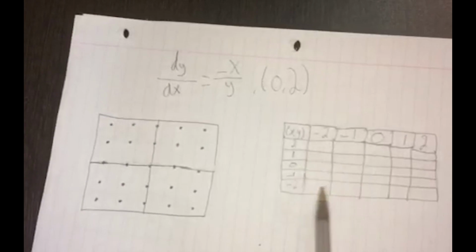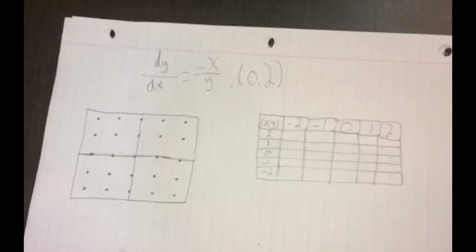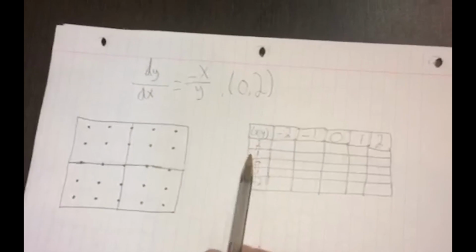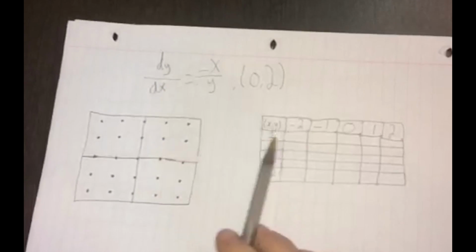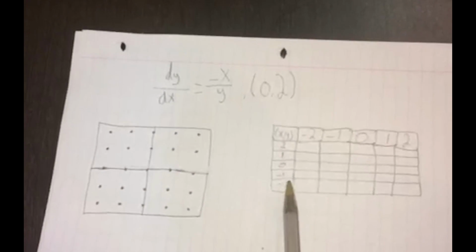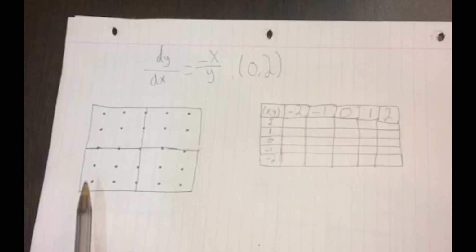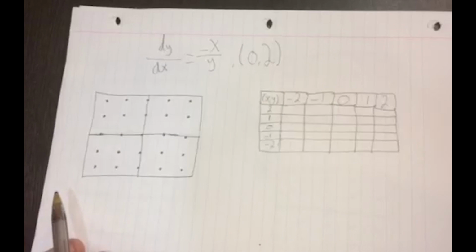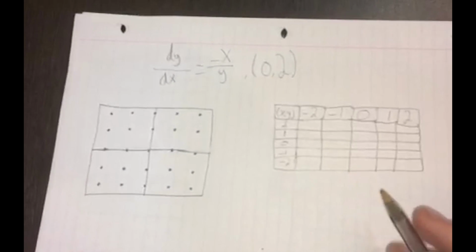It'll help you keep everything organized and then later help you with your graph. So you have your equation, you have your XY points. So all you're going to do is plug in negative 2 for X and 2 for Y and so forth. I recommend you pause the video and try this for yourself, or if not, you can just follow with me. Alright, so assuming you did it by yourself, let's see if you have it right.